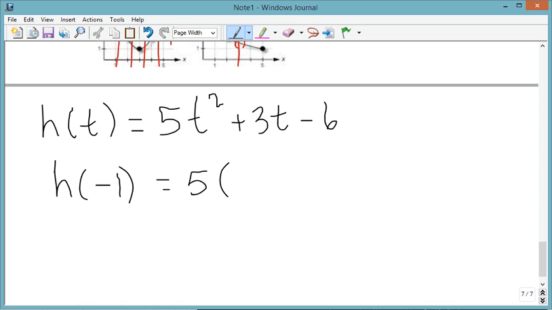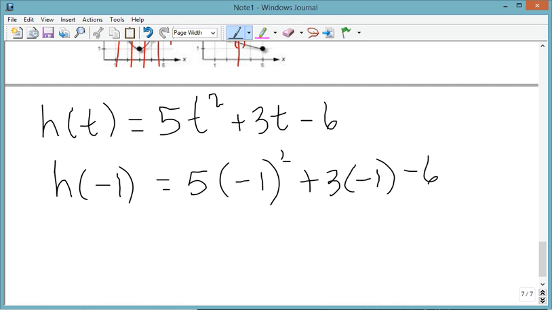So you may have noticed that I always put parentheses around the thing I'm plugging in. If you do that, you won't lose track of these negatives particularly, and then you follow the order of operations after that, right?